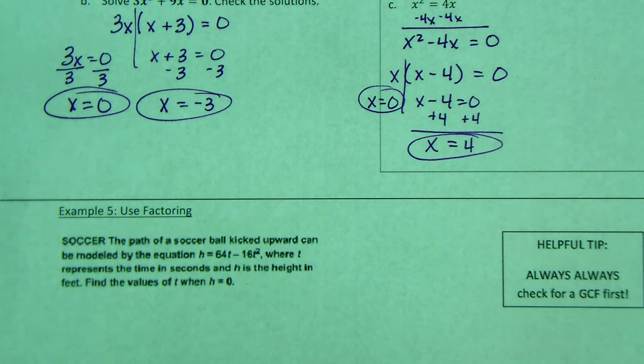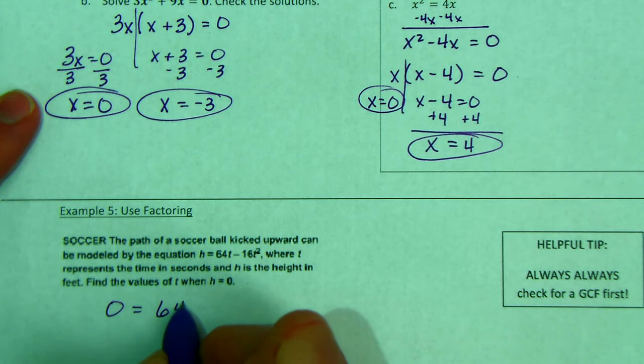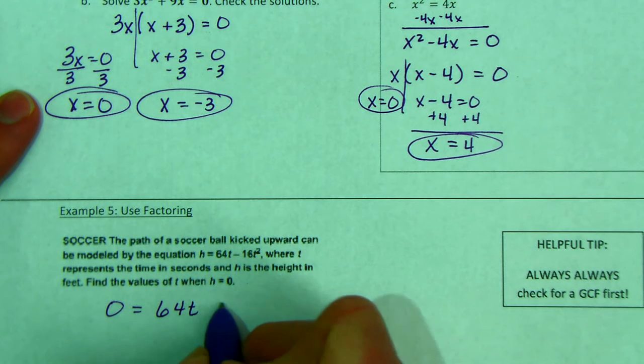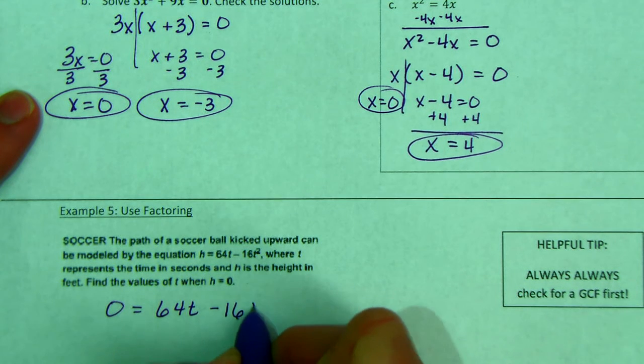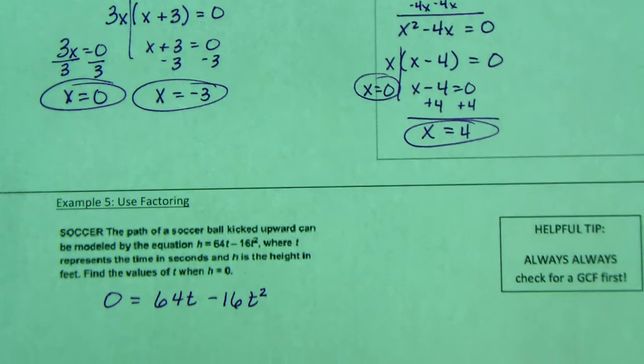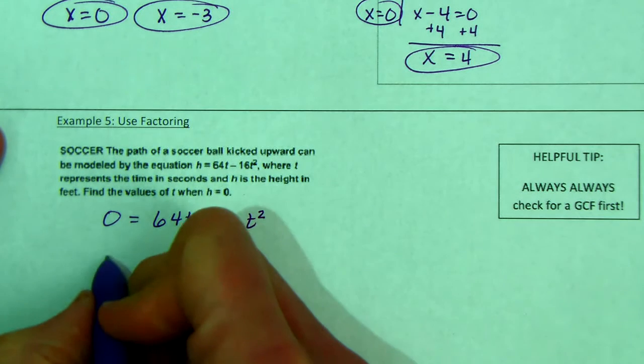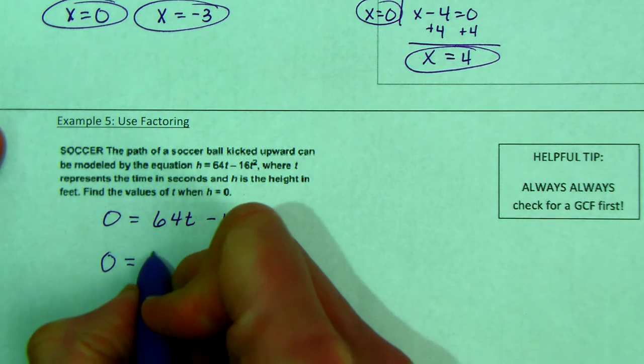So I have 0 equals 64t minus 16t squared. What can we factor out of my binomial here? Hopefully you're quick on your feet and you know that it is 16. So we're going to take out a 16t and we're going to get 4 minus t.